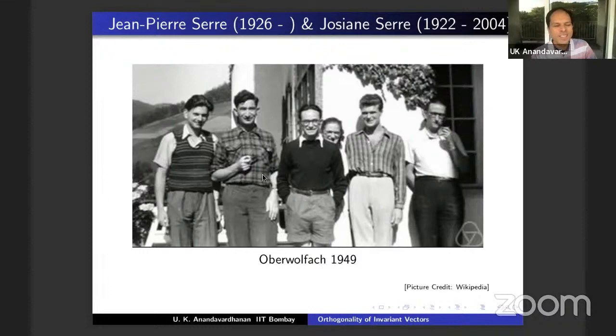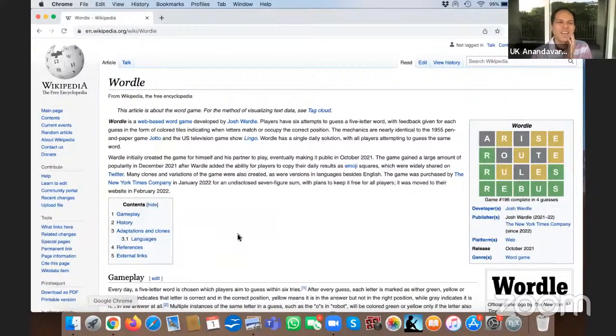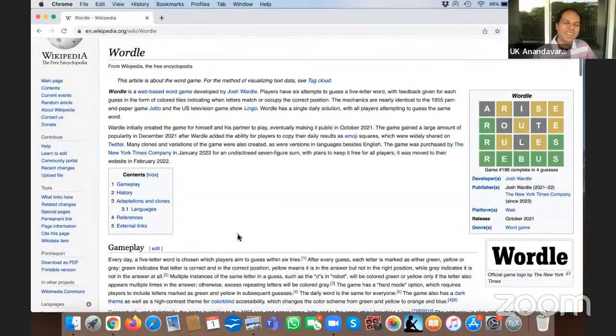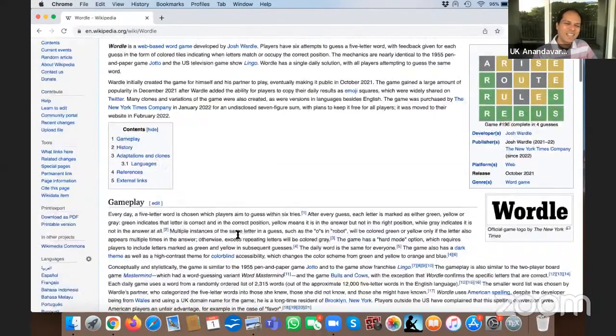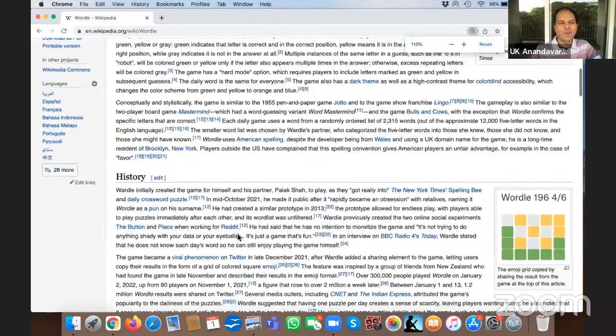Okay, so Guhan, this is why I had the Wikipedia page here. I hope I'm not being frivolous, but I will make a comment. So Wordle anyway is a craze these days. And in the Wikipedia page, you can see its history. The first line, maybe the font size is too small.